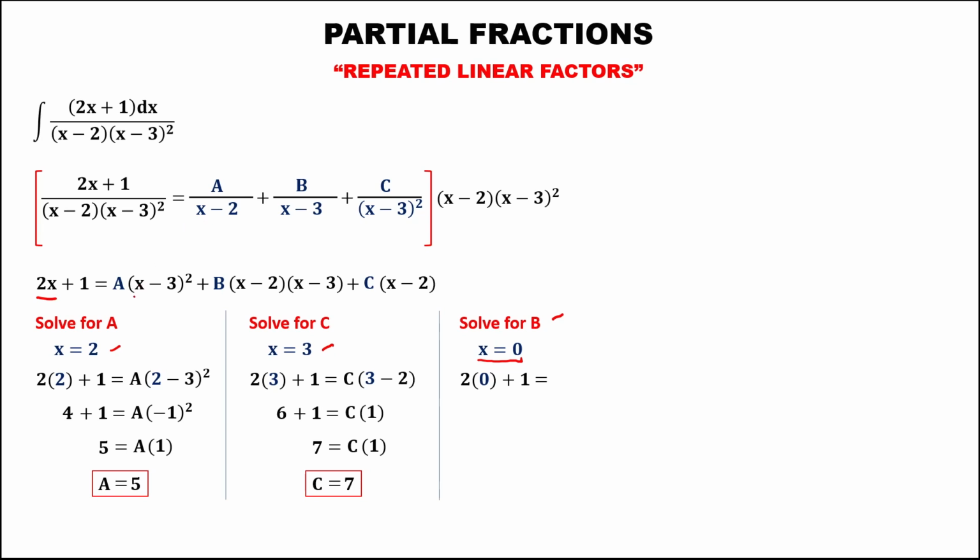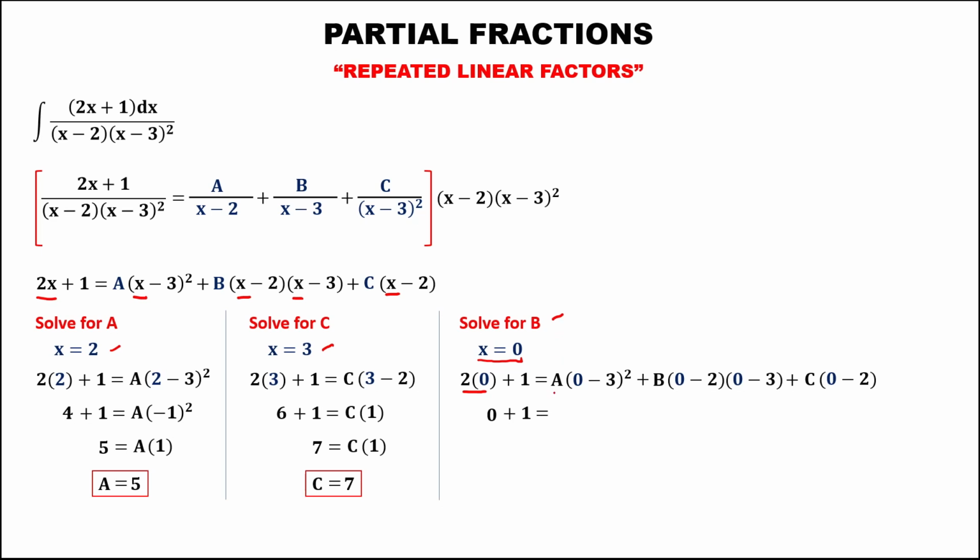So this becomes now a times (0 minus 3) quantity to the power 2, then plus b times (0 minus 2) and (0 minus 3), then plus c times (0 minus 2). Then to simplify, 2 times 0 is 0, then plus 1, then equals.